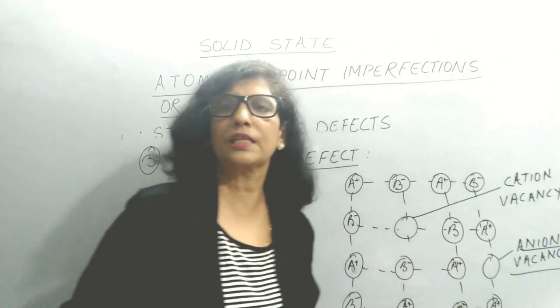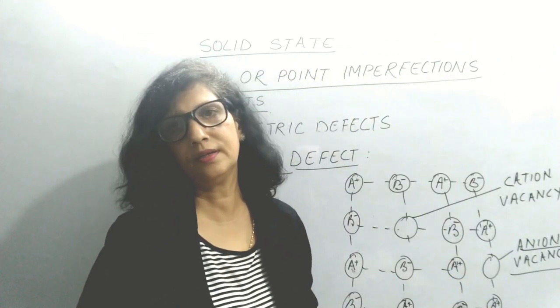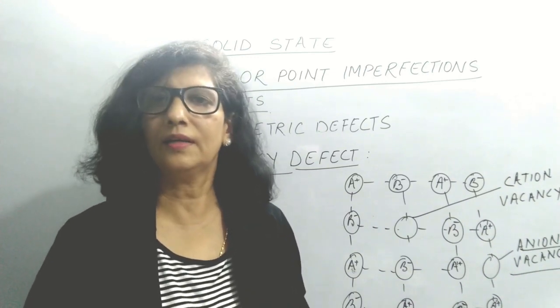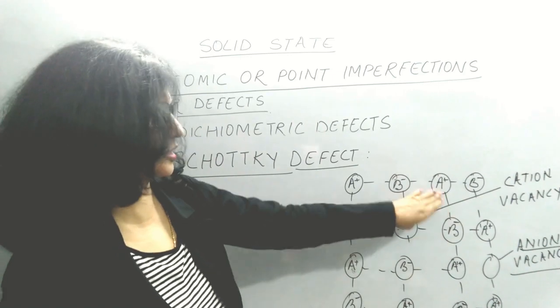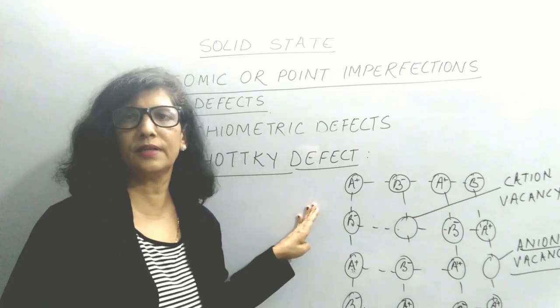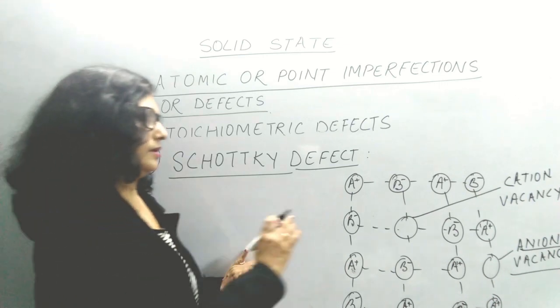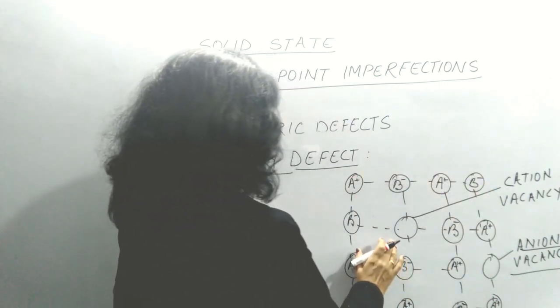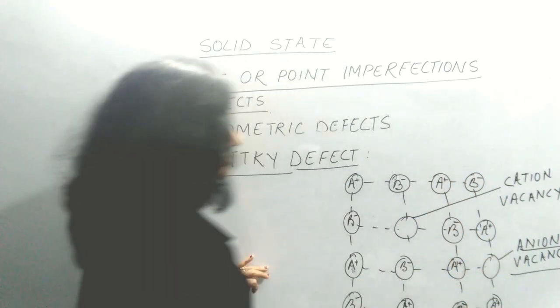This defect has been noticed by German chemist Schottky in 1930. We can see here, this is the representation of your Schottky defects lattice. This is your lattice. Here is your cation vacancy, here is your anion vacancy.